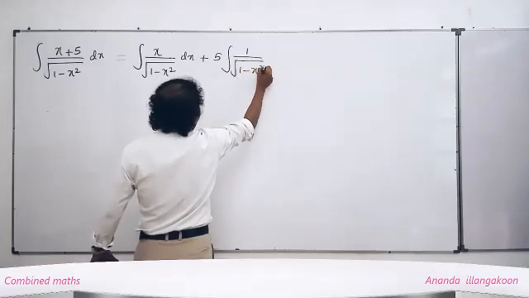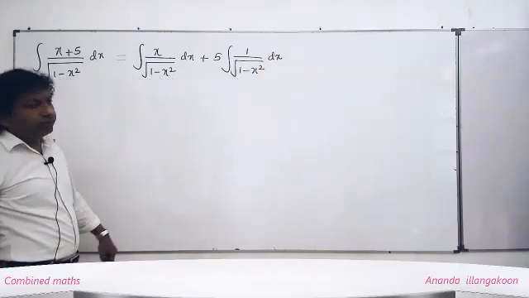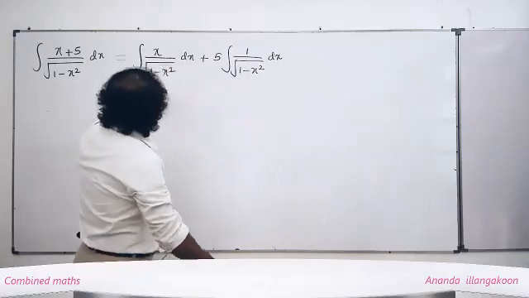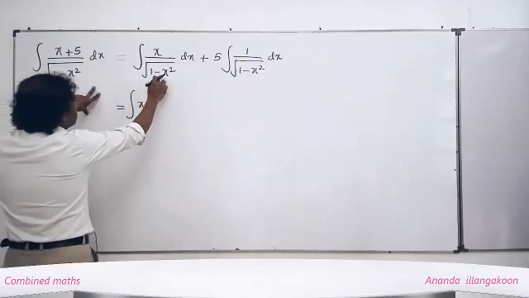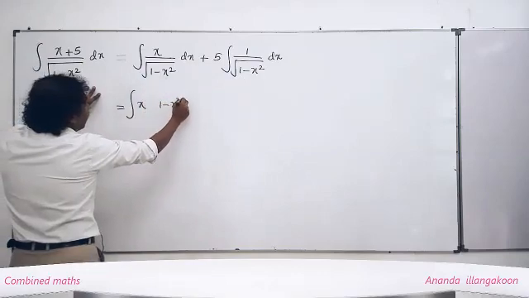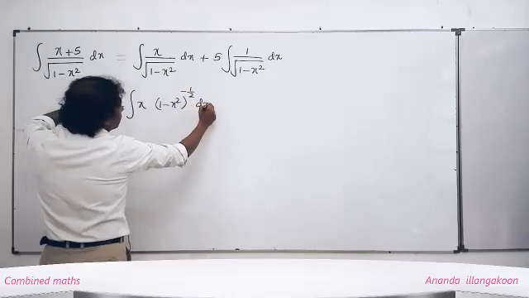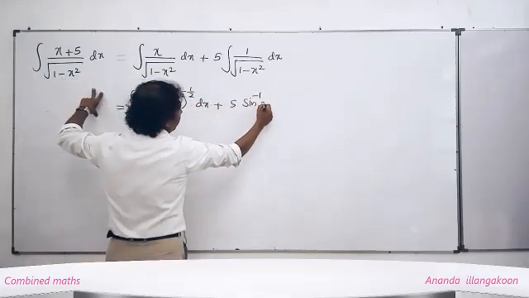This way you can write it. This is nothing but sine inverse x. This one can be done like this: I bring to numerator 1 minus x squared to the power minus half dx, plus 5 sine inverse x.